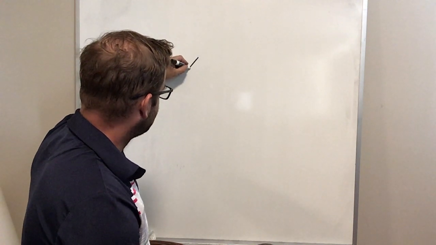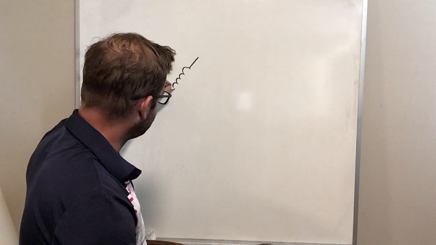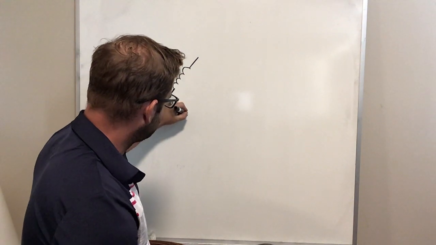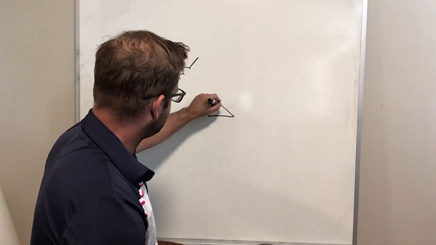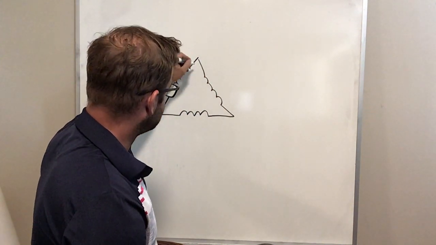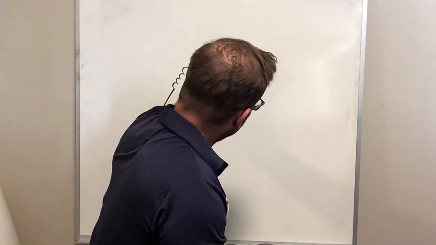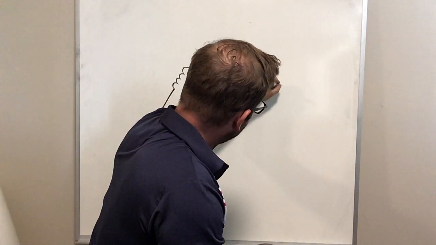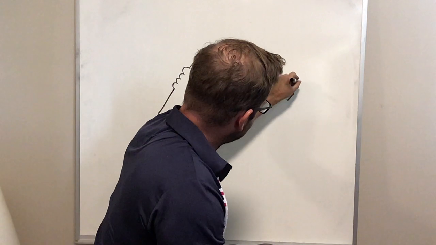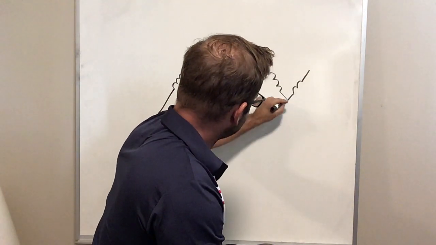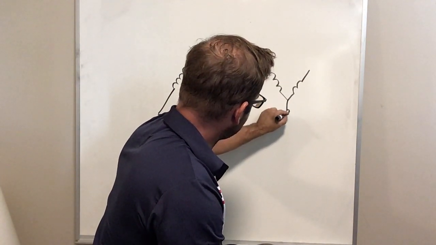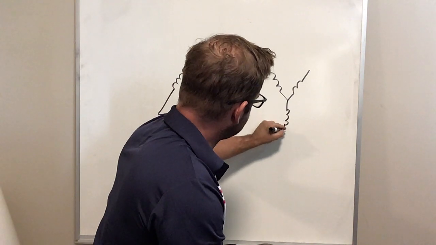So we're going to do a delta supply. So we have a delta supply, and we're going to do a Y load. And this is going to be with an inductor.